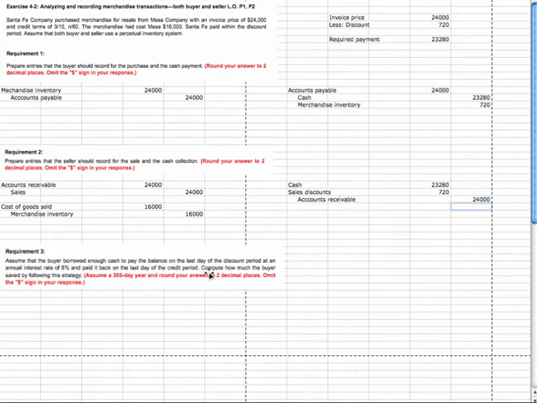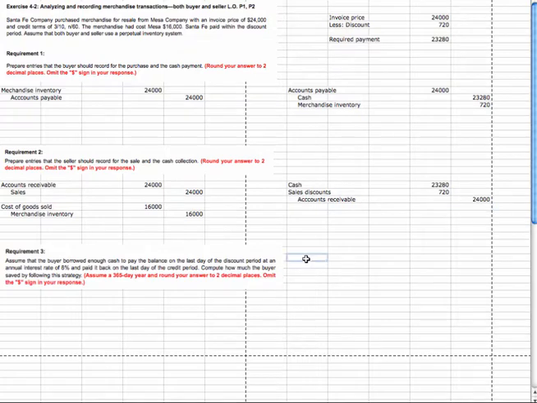It says, compute how much the buyer has saved by taking this discount strategy. Is it really worth it to take the 3% discount, even if we have to borrow the money at 8% interest on an annual basis? So what we need to do is make the calculation.